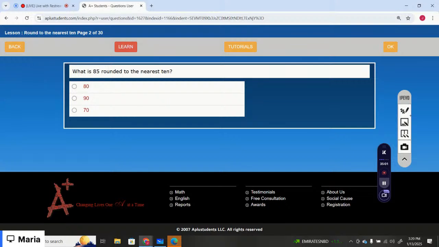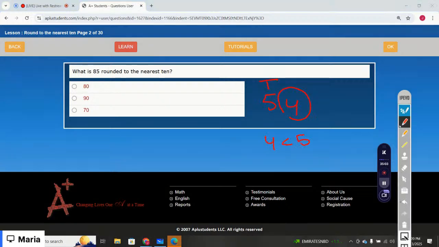What is 85 rounded to the nearest 10? So 85, that is the tens digit, right? On the right hand side, you have 5. 5 is equal to 5, right? When they are equal, you need to round up. Round up means add 1 to the tens digit and replace the other digit with 0.